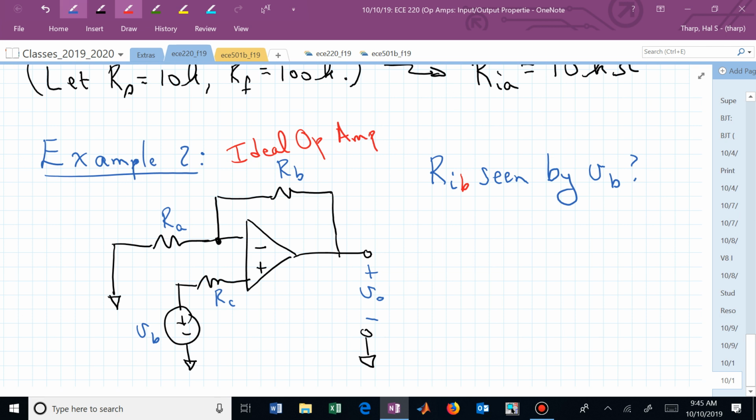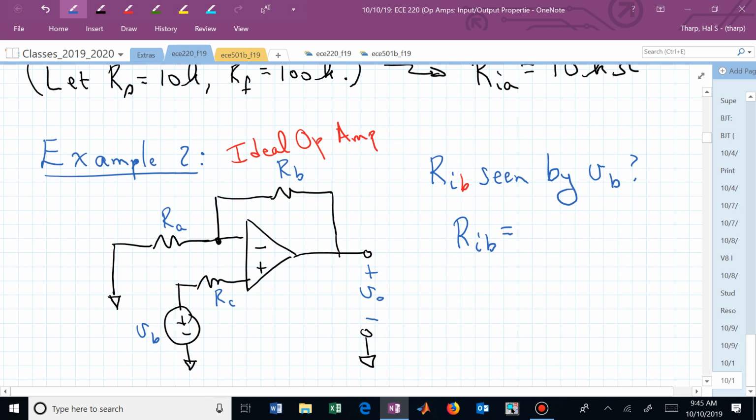What do you want to now note about this circuit? Or we could say, I don't know, he's asking for R sub I sub B. Let me see if I can get partial credit on a multiple choice exam.